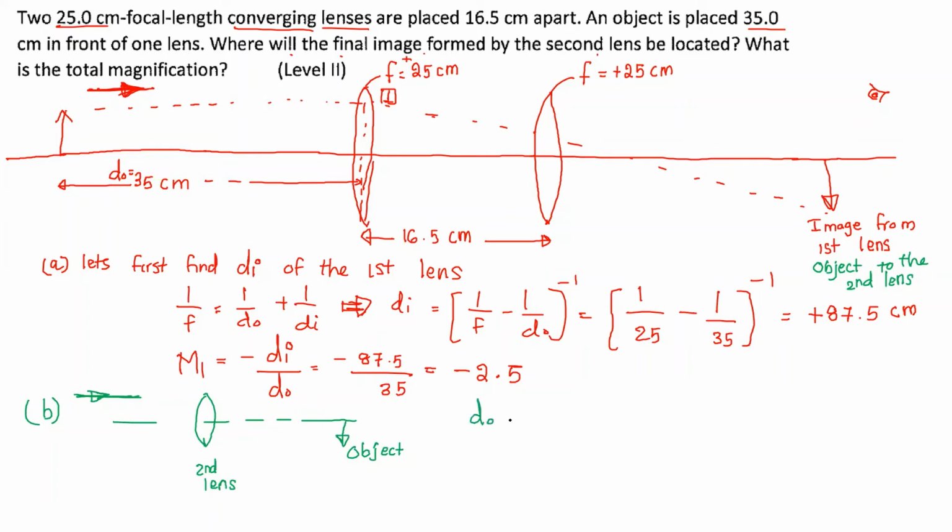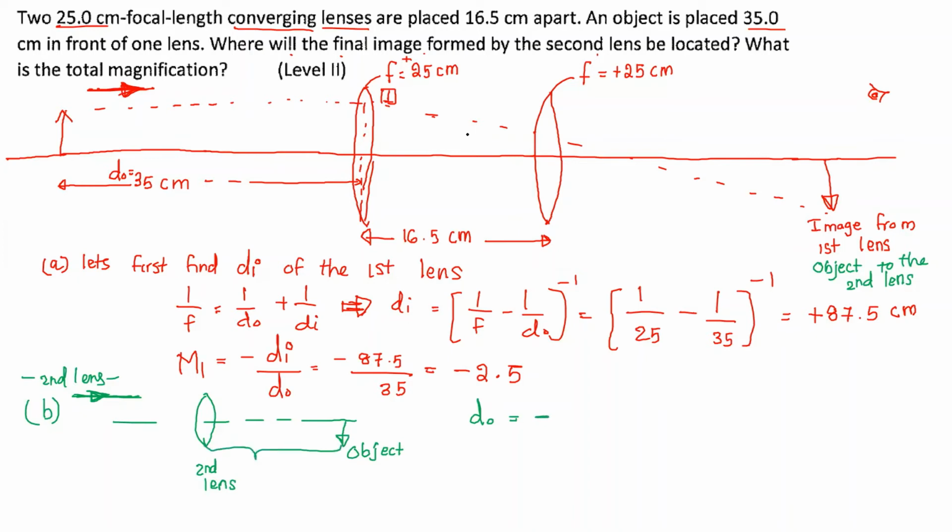Is it positive or negative? For the second lens, D naught is negative. The reason is light is coming from your left hand side, but the object is behind the lens. So this is a virtual object for this lens. It is negative, and we need to find this distance now.